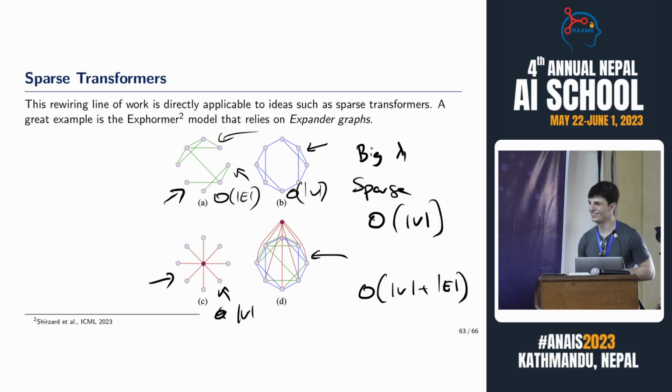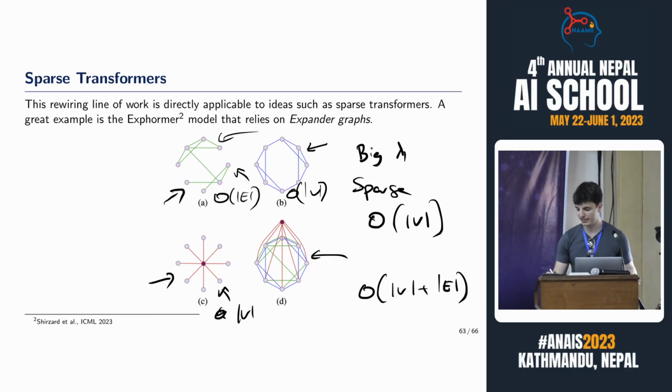Okay, so effectively you can view these as approximations to fully connected graphs, because they're actually the best possible fully connected graphs that are sparse, right? So really, this big spectral gap means that your graph is very well connected, but the sparsity means that you don't have many edges, right?